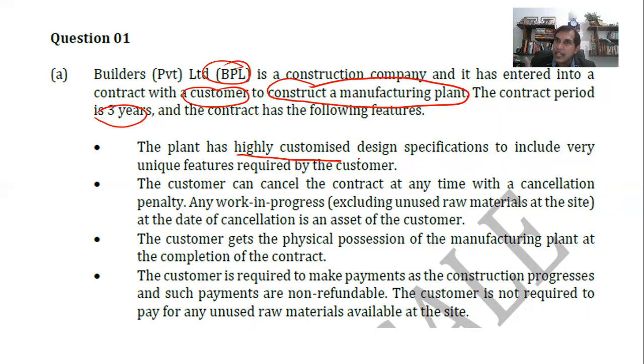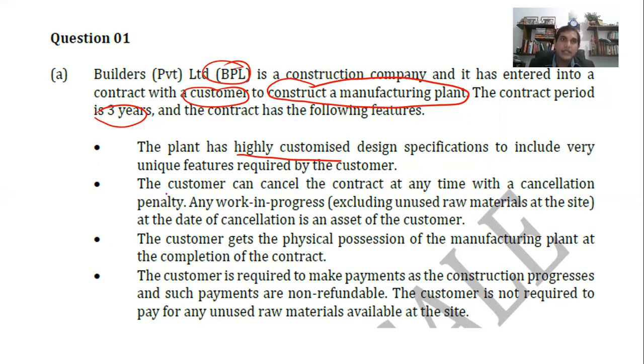If there is a cancellation of the agreement, the entity, meaning BPL, has to incur a lot of cost in order to make that into an alternative use. But by looking at the first bullet point, this particular plant is highly customized. There is no such alternative use.